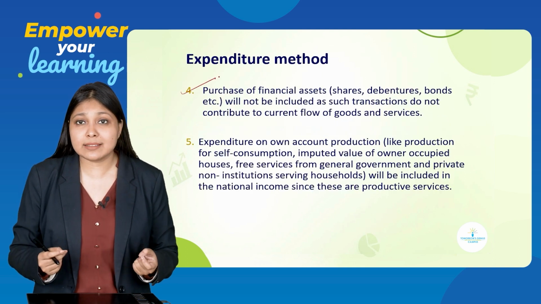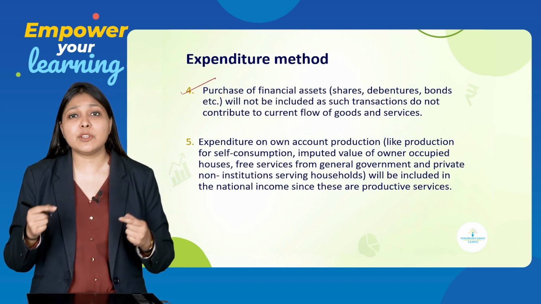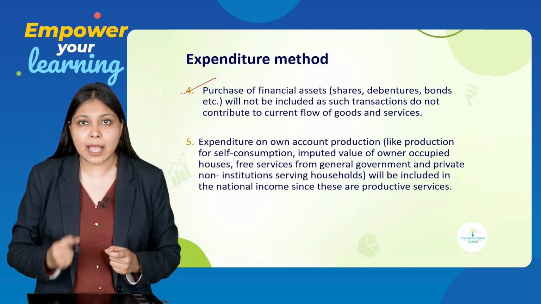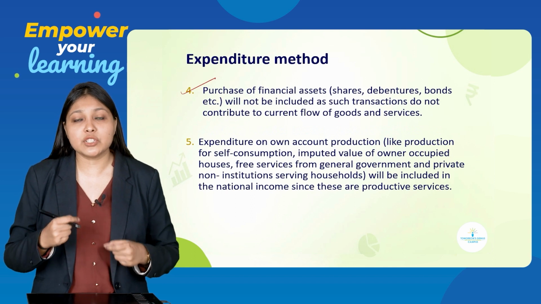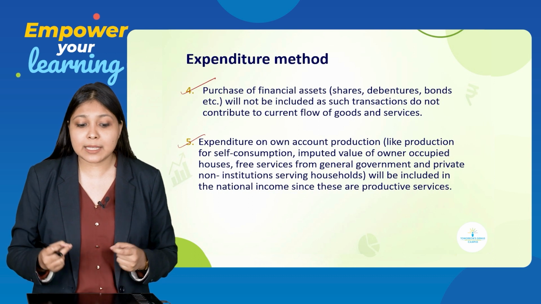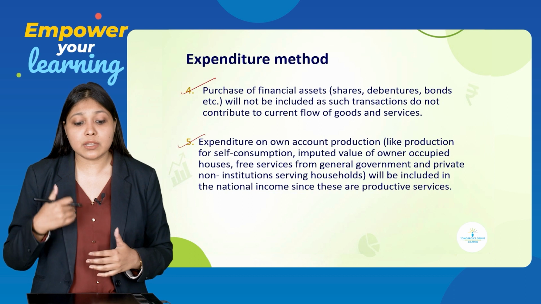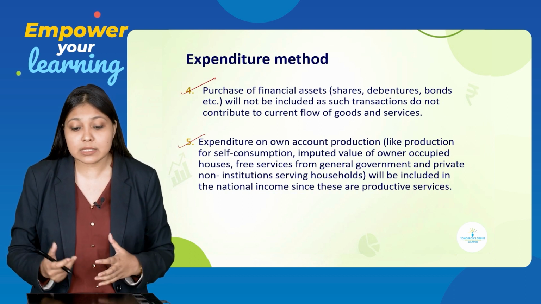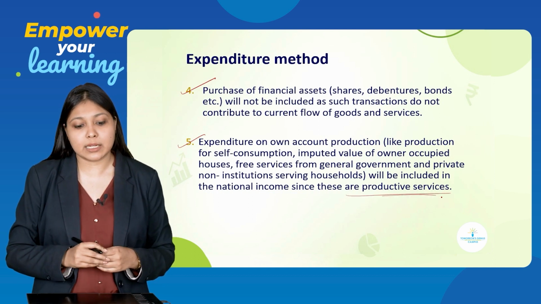Purchase of financial assets are never included because it is considered that this is just the mere transfer of papers and there is no productive service happening in the economy. So, here again we will not be including the purchase of financial assets. Expenditure on own account production, like production for self-consumption, imputed value of owner-occupied house, free services from general government and private non-profit institutions serving households will be included in the national income since all of these are productive services.